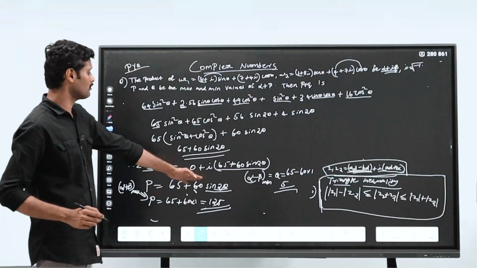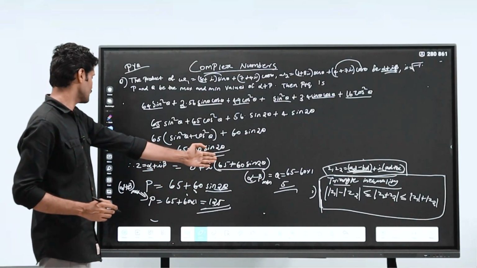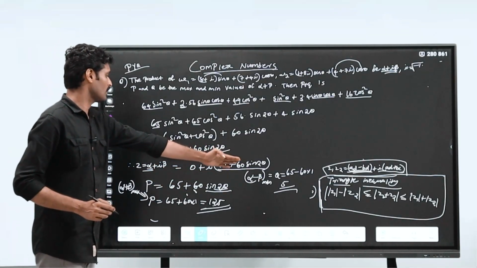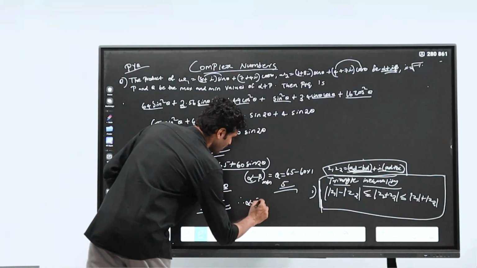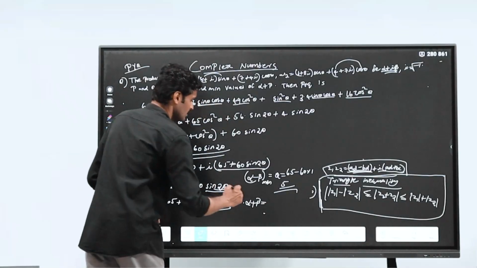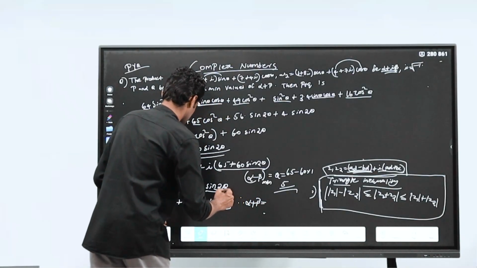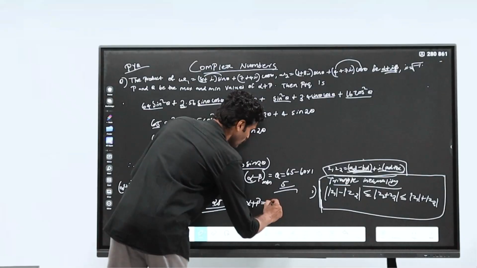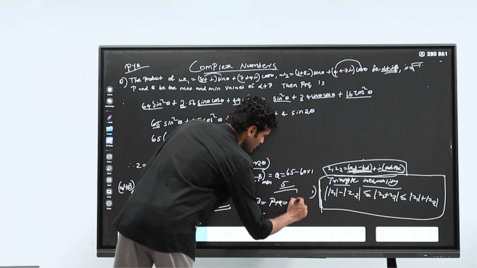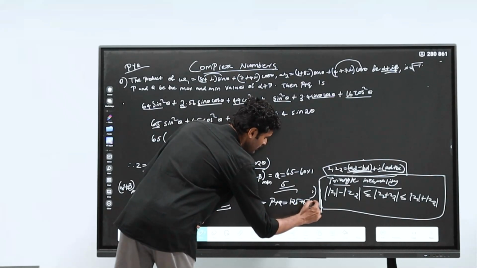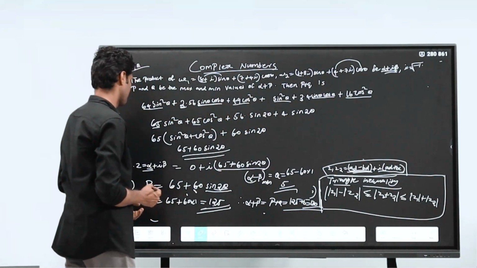So the minimum value Q is 5. Then the total, P plus Q, the value of maximum and minimum, is 125 plus 5, which will be 130.